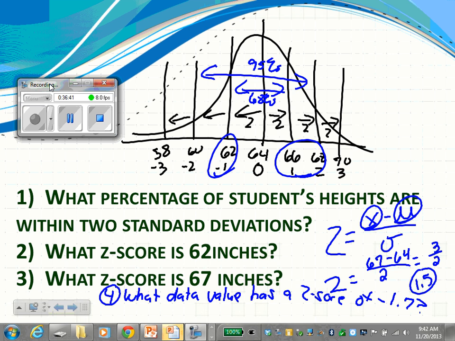What data value has a z-score of negative 1.7? Got to work it out. First of all, tell me, where is negative 1.7? Because I'm giving you the z-score in this case.